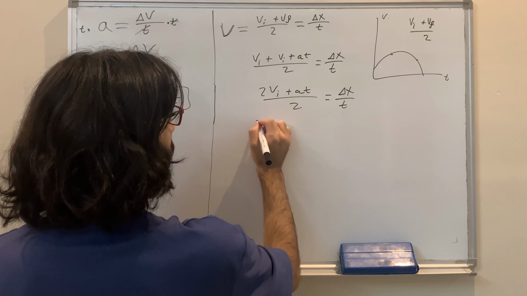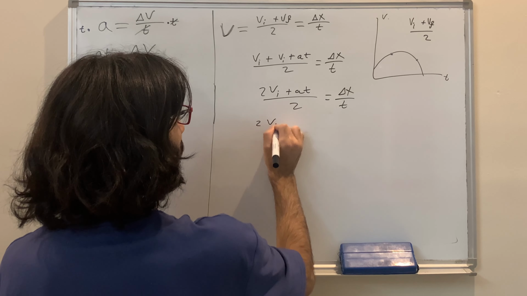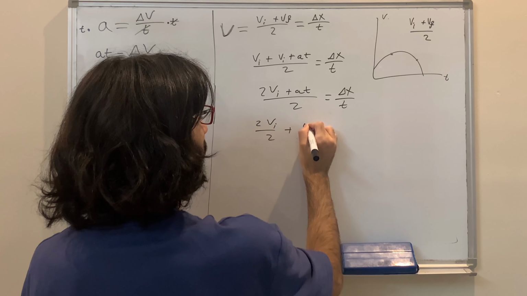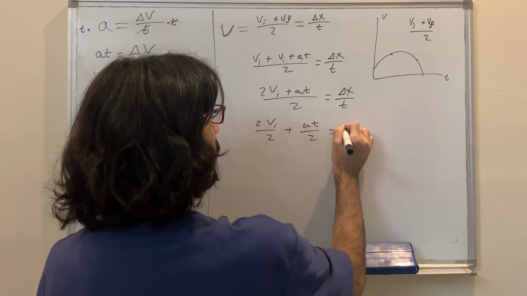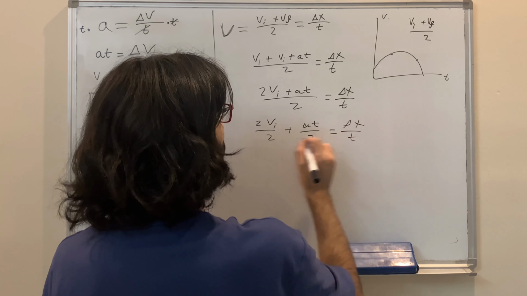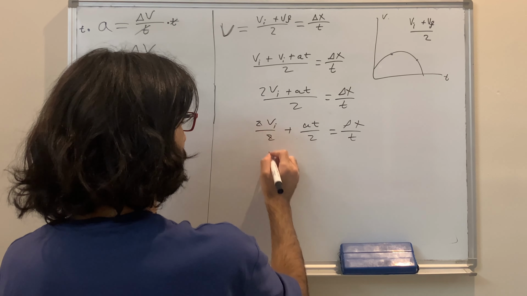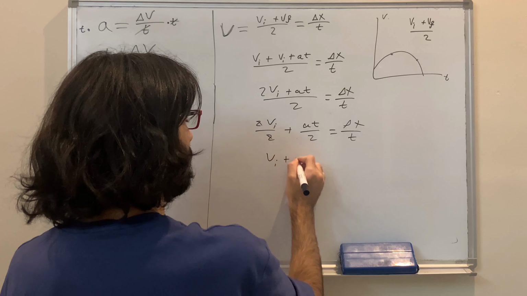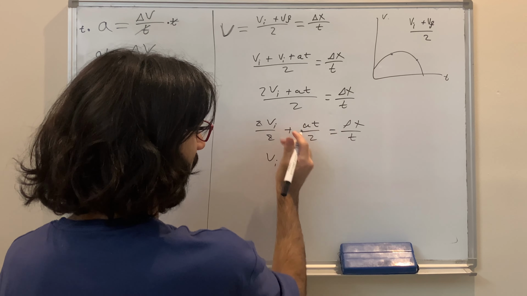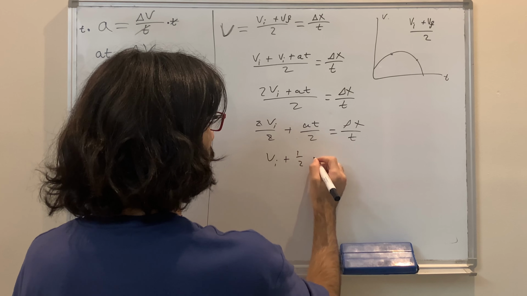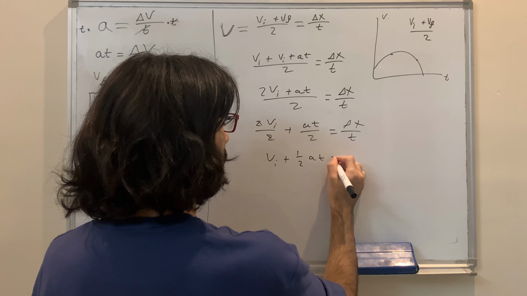You can now split this up into 2vi over 2 plus at over 2. This cancels out with this. You're gonna get vi plus, and you can take out the half from here, which gets you 1/2 at equals delta x over t.